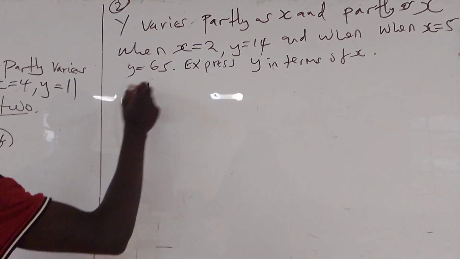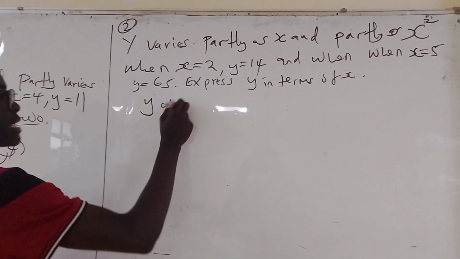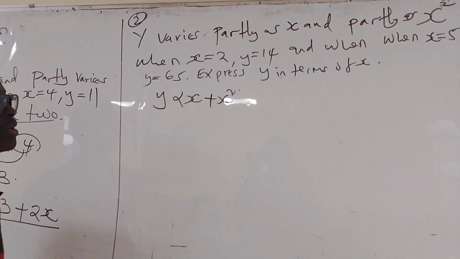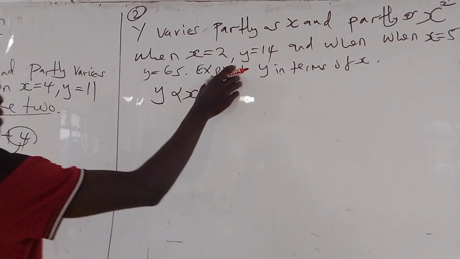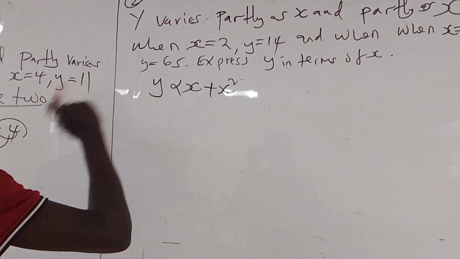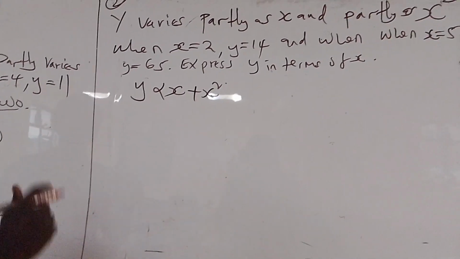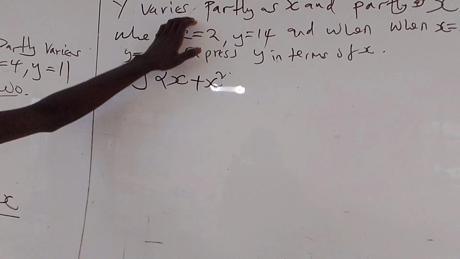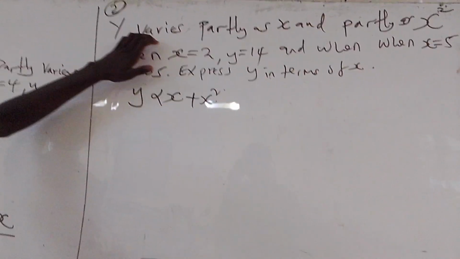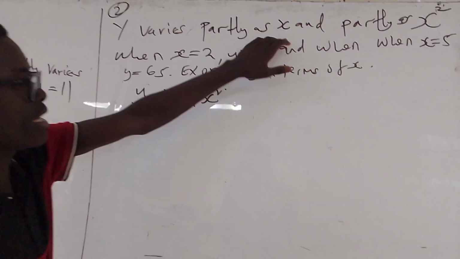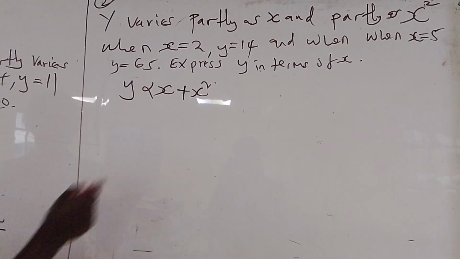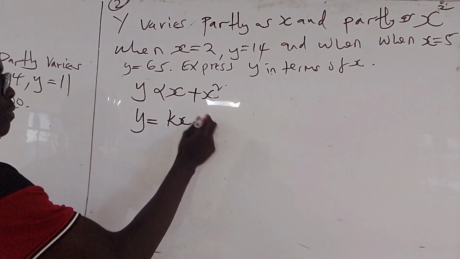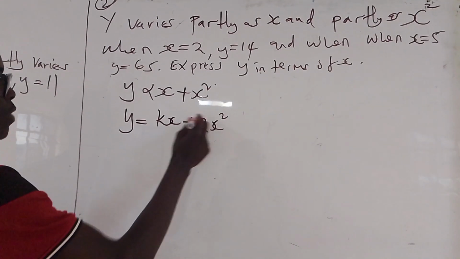So you see that this question is a big difference from the first one. The first one, we are told y is partly constant and partly varies, but this one is y varies partly as x and partly as x squared. So we introduce the equal sign, we say y is equal to kx plus ax squared.